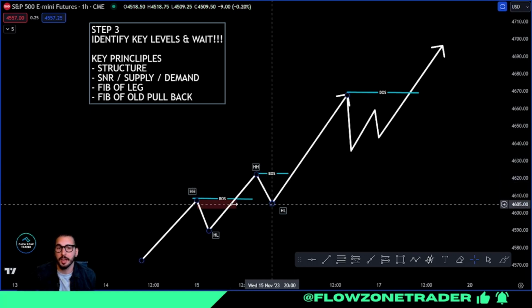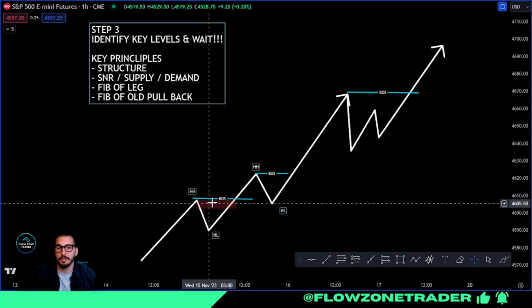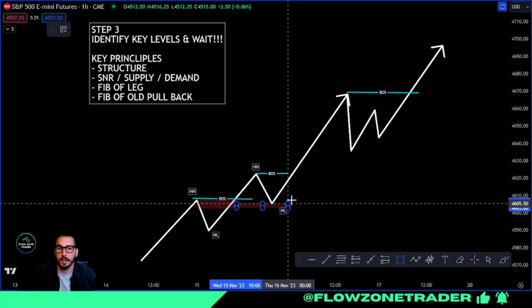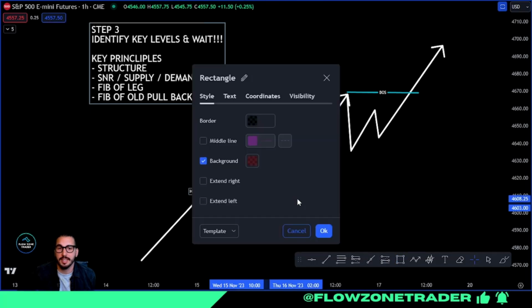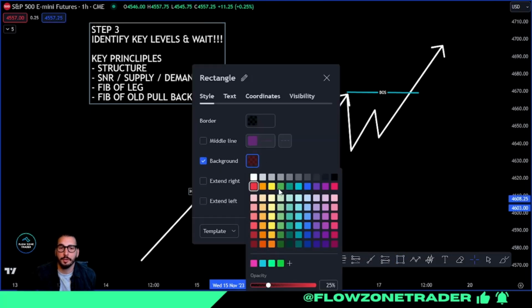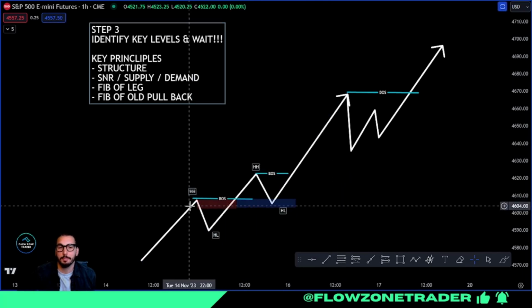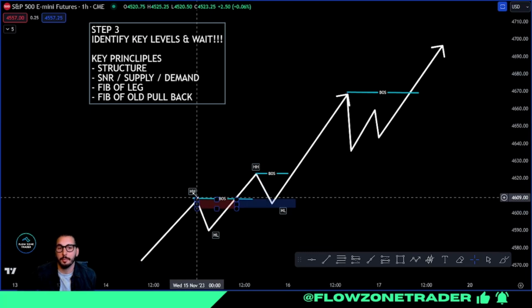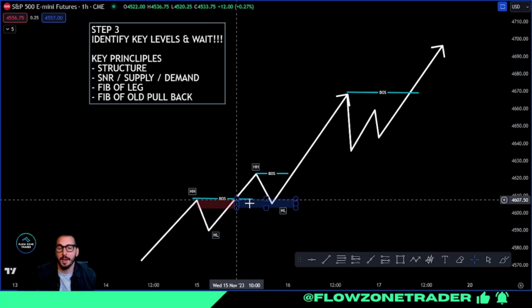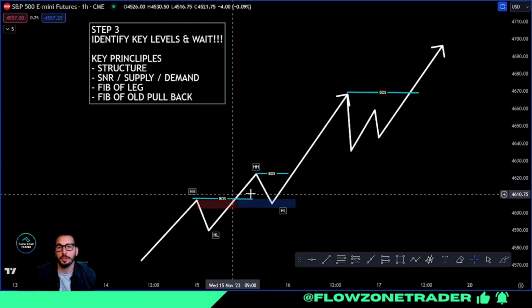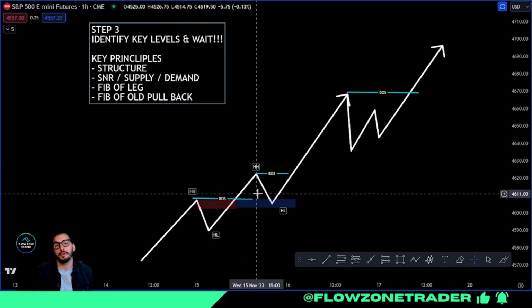And where do we come into? This old resistance or old area of supply, if you prefer, which now becomes support. So this is basically a flip zone. Now, on a 5-minute chart or a 15-minute chart or an hourly chart, you can do this by the candle changes. So this might be your last up close candle, and you flip that once we get through it and it comes back and retests it. You could do a straight line, you can do a zone, however you feel comfortable trading.